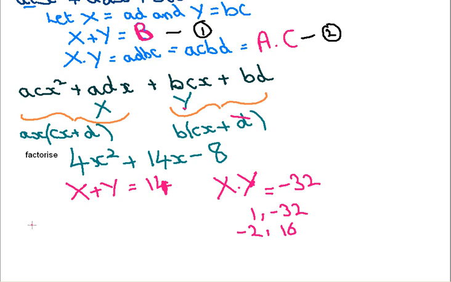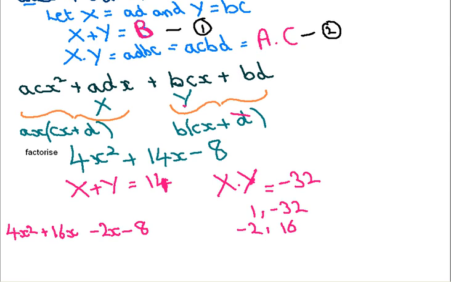So we now rewrite our equation. 4x squared, I should have done that in a different colour, plus 16x minus 2x minus 8. Now we should immediately see some factors drop out of this.